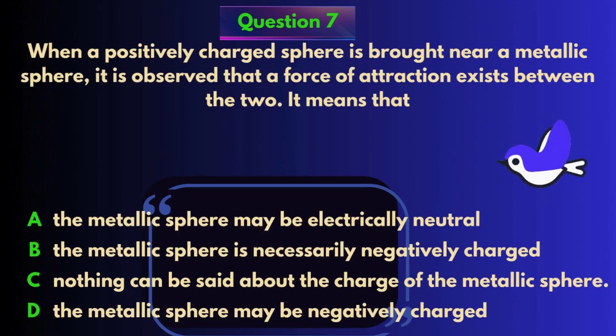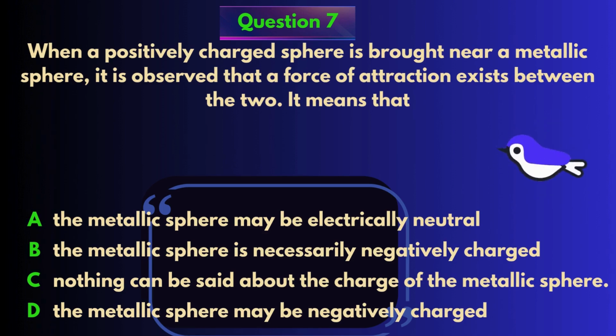Question 7. When a positively charged sphere is brought near a metallic sphere, it is observed that a force of attraction exists between the two. It means that Choice A, the metallic sphere may be electrically neutral. Choice B, the metallic sphere is necessarily negatively charged. Choice C, nothing can be said about the charge of the metallic sphere.